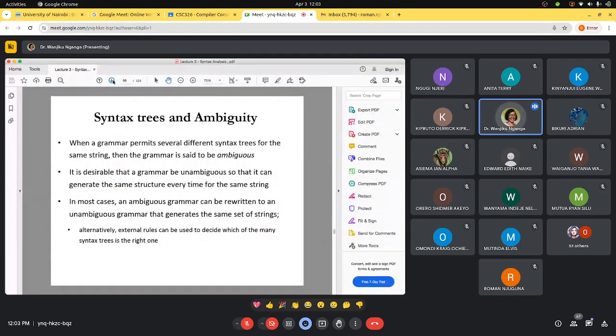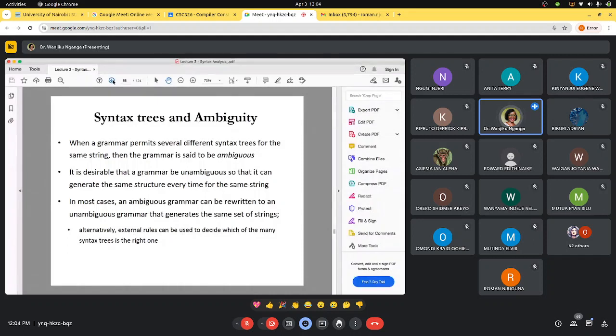The good thing is that we can eliminate ambiguity by rewriting the grammar to remove the ambiguity. And remember, we call this hacking the grammar. We can rewrite it so that it generates the same set of strings. Another way, especially for natural language processing, is to have external rules that help you choose between different meanings.